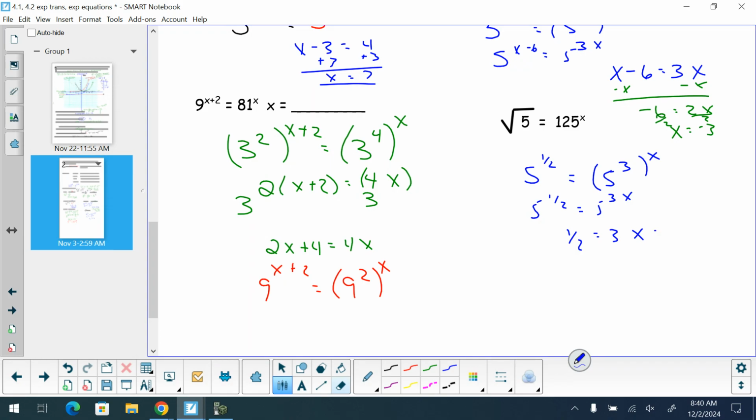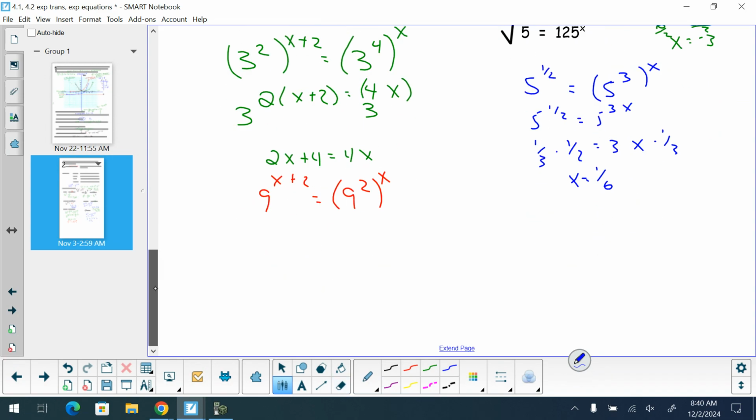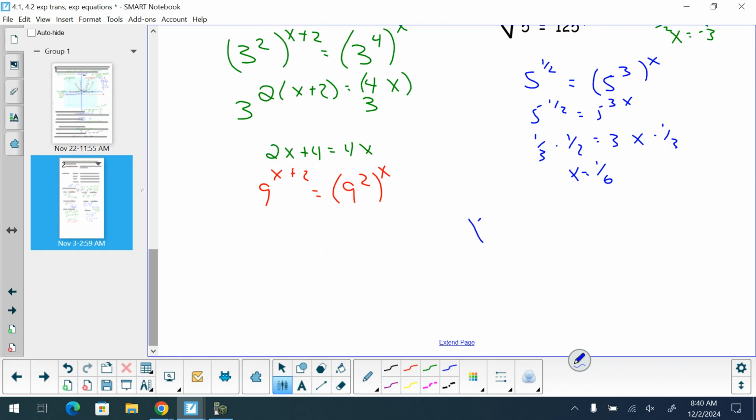We can divide or multiply by 1/3. Once again, another property of exponents: x to the a/b power is the bth root of x to the a.